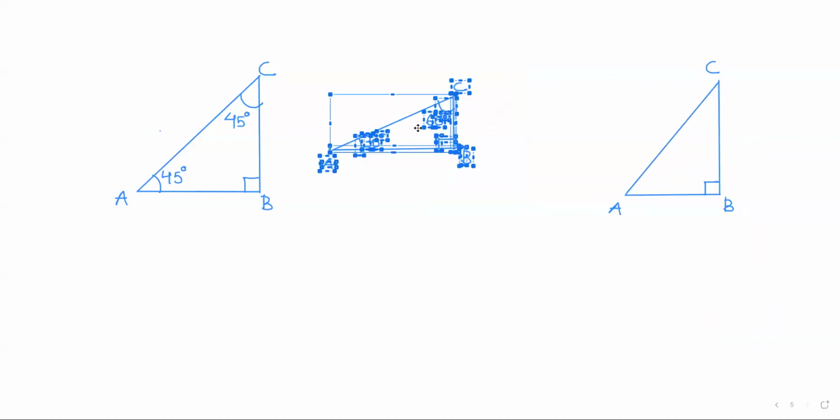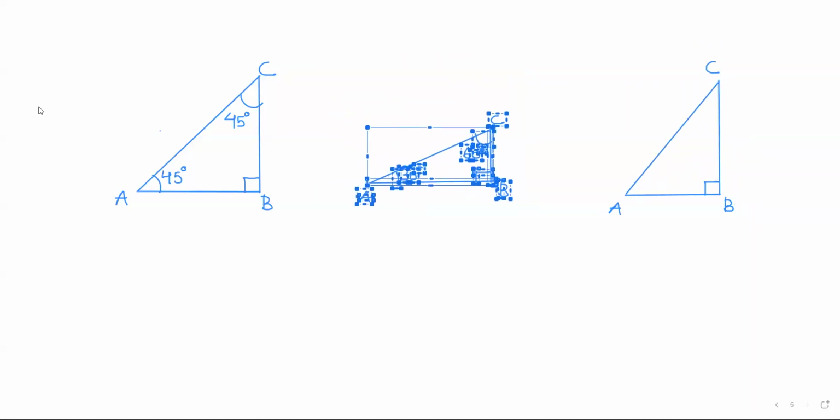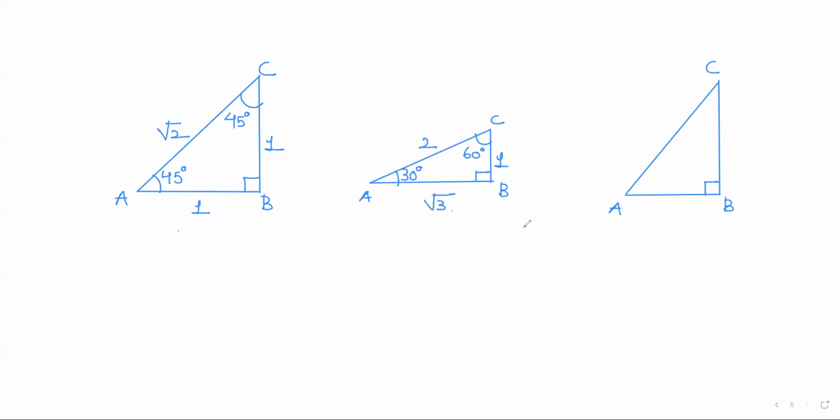Now pay attention, all of you. The sides are 1, 1, following the Pythagoras theorem. This is root 2. Here the smallest side is 1, the largest side is 2. Following Pythagoras theorem, this side is root 3.